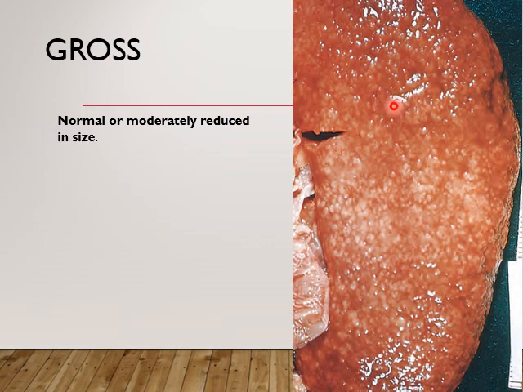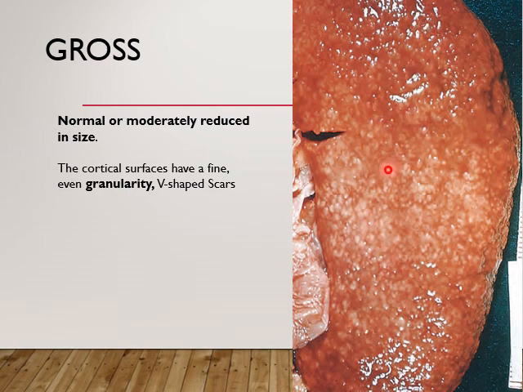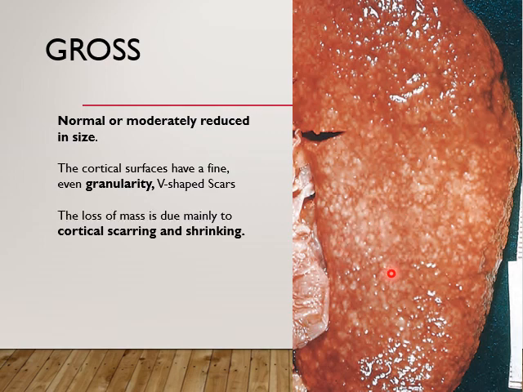Due to the sclerosis of the blood vessels, the entire cortex will be shrunken due to the scarring. You can also see the entire cortical surface studded with a granular surface, with pale scars, like V-shaped scars, which has to be remembered.